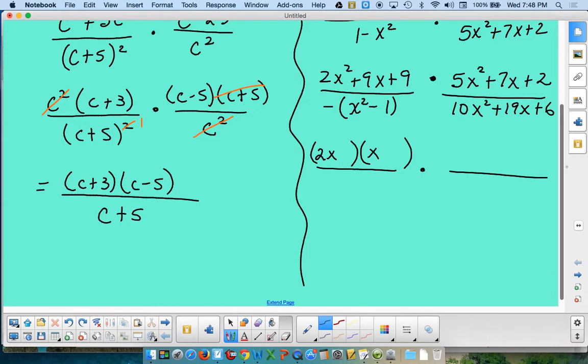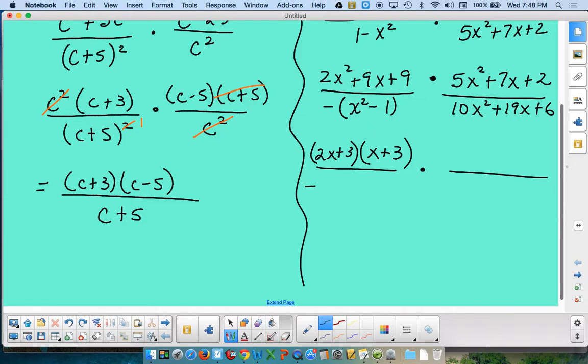Okay, the question is, do I want 9 and 1 or 3 and 3? Well, I'm thinking that definitely doesn't look like a 9 and 1 situation. Since it's all pluses, they have to be plus. If I check, do outers and inners make 9x, I would have 6x on the outers, 3x on the inners. That would indeed make 9x. So I'm good to go there.